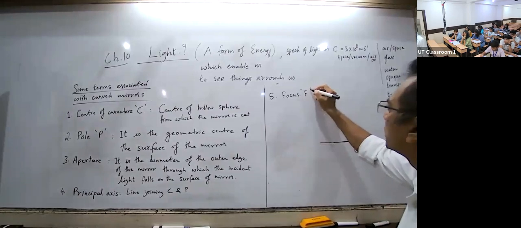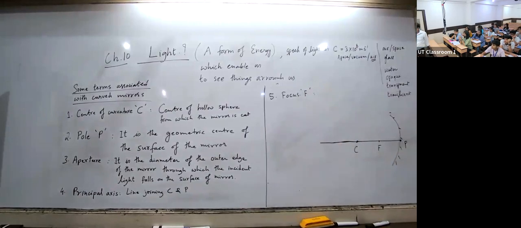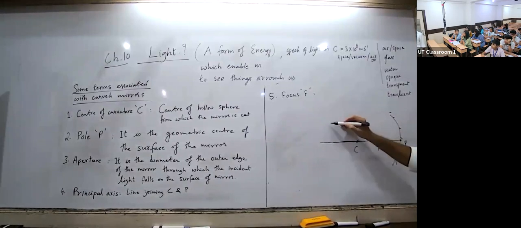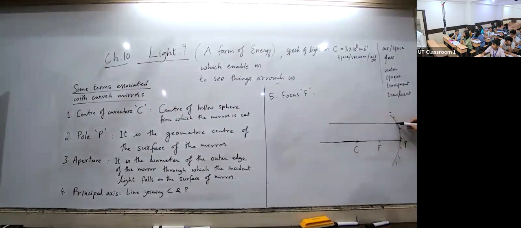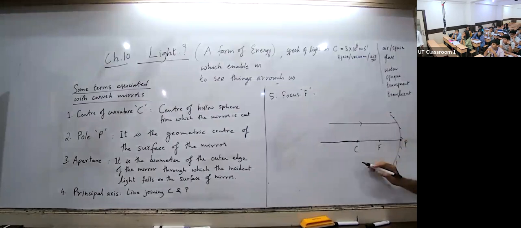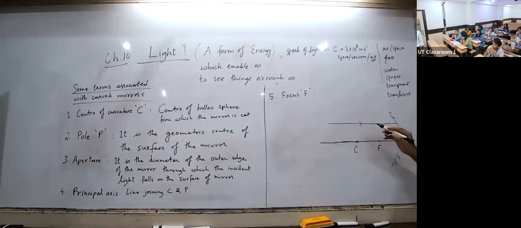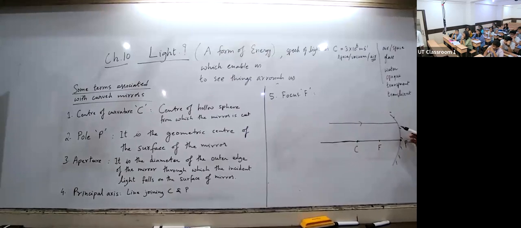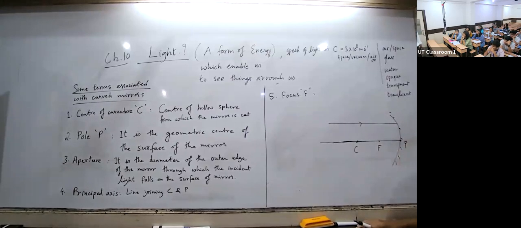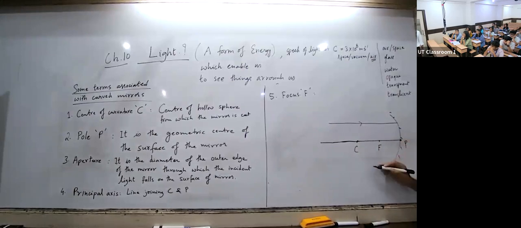Its symbol is F. So basically this is how focus is defined. If any incident ray which is parallel to the principal axis, after reflection, will pass through the focus. So focus is the point on the principal axis through which the incident ray parallel to the principal axis passes after reflection. And how do you draw a reflected ray? You need a normal.